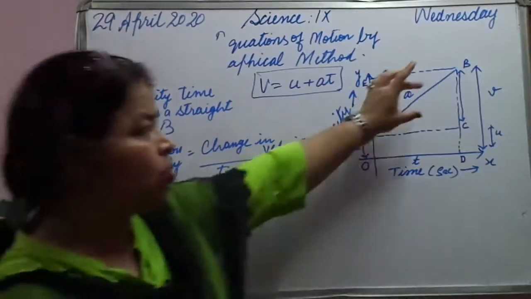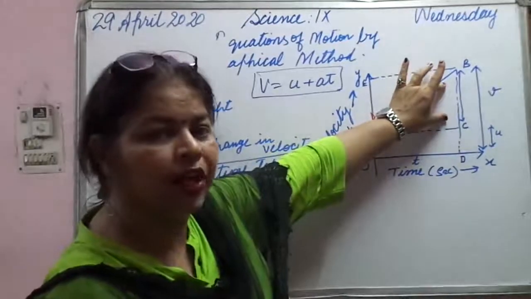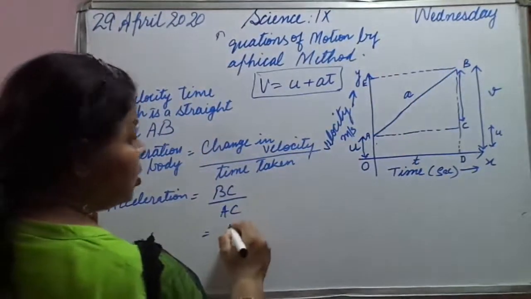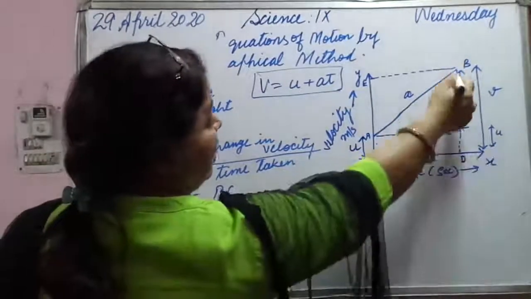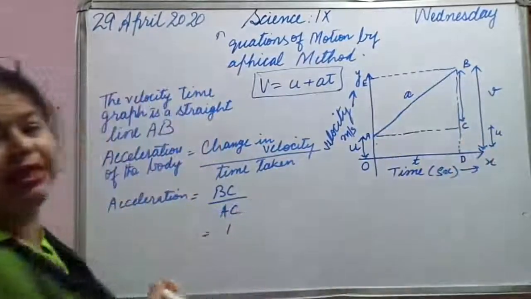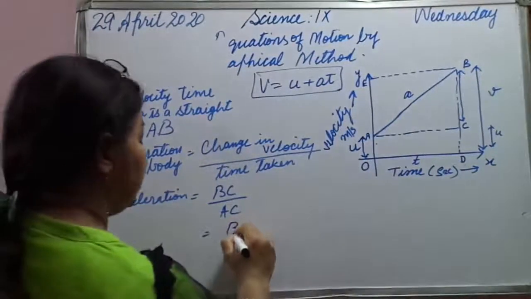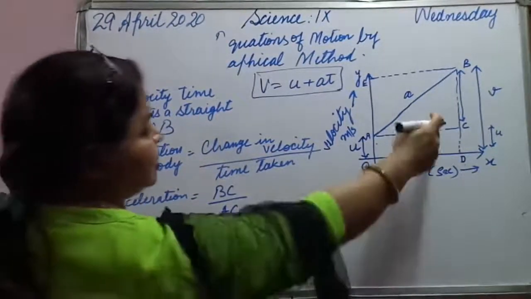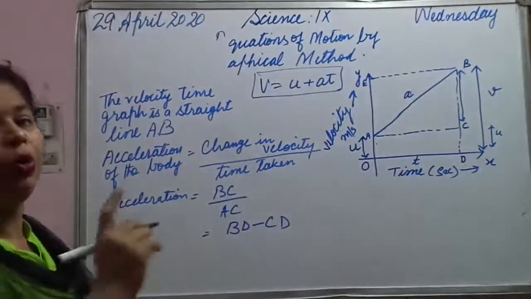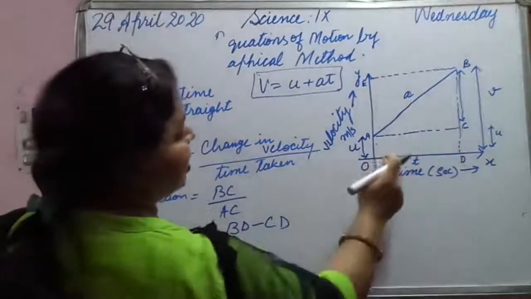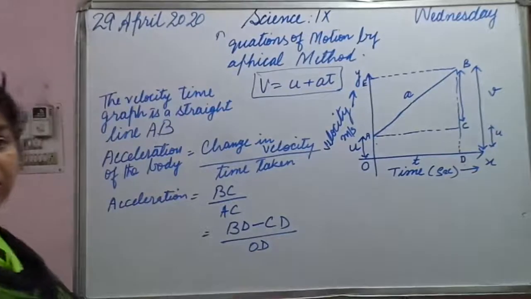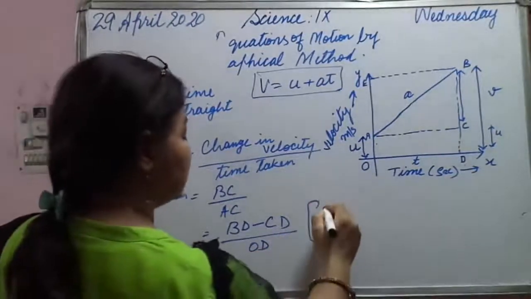Now we don't know this quantity BC. So what can we do? We can write it like this: is equal to BD minus CD, upon OD. Why? AC is parallel to OD. So we will write here the reasons.